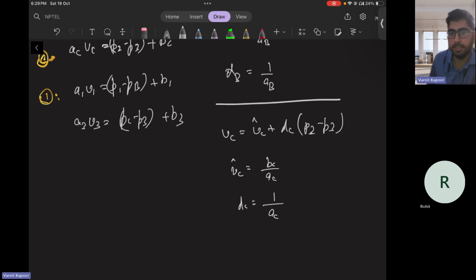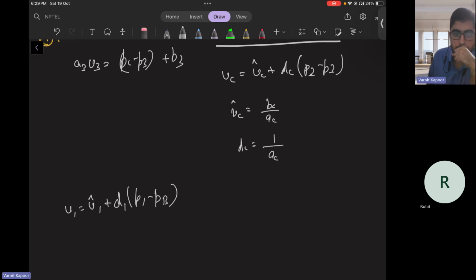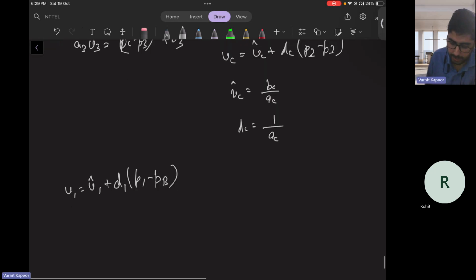So we would like to write these two in terms of hat velocities. So U1 is U1 hat plus D1 into P1 minus PB. And U1 hat is B1 over A1.